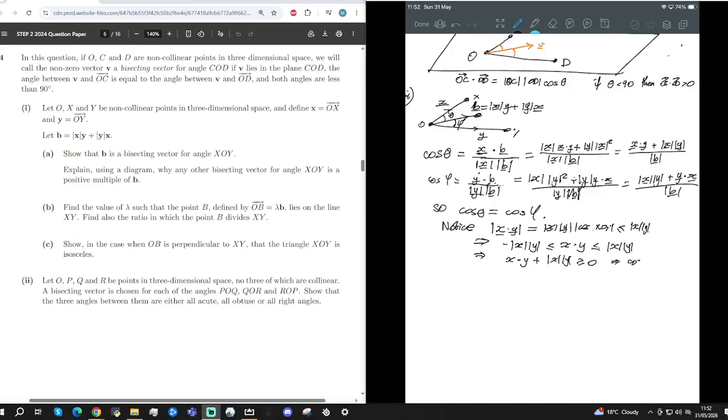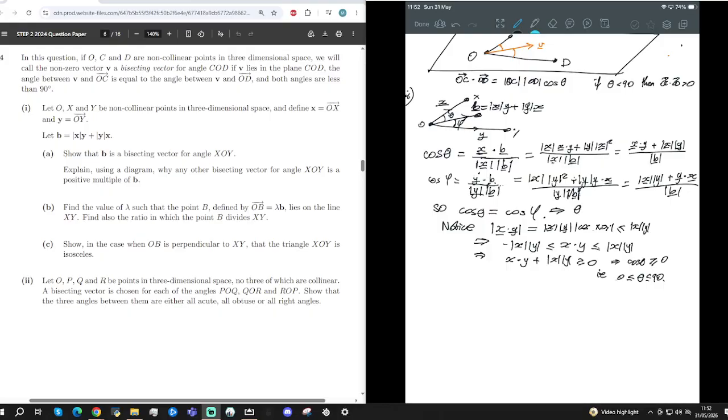which means that cos theta is always greater than or equal to 0, i.e. theta, the principal value of theta at least, which is all we really care about here, is between 0 and 90. Okay, so now this, I probably should have finished this line of logic here.